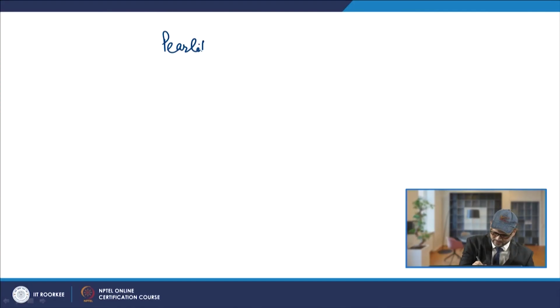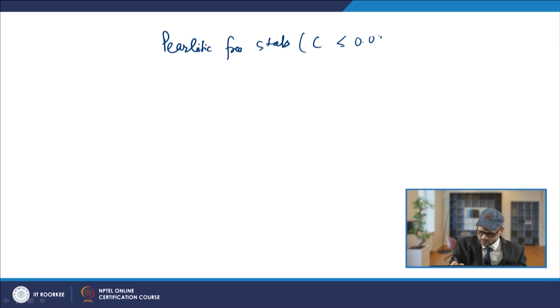If you take the example of a pearlite-free steel, where the carbon is less than or equal to 0.09%, and compare it with the low carbon steel, the pearlite-free steels hardly react to these thermal cycles, whereas the low carbon steels are very much sensitive to the thermal cycle.